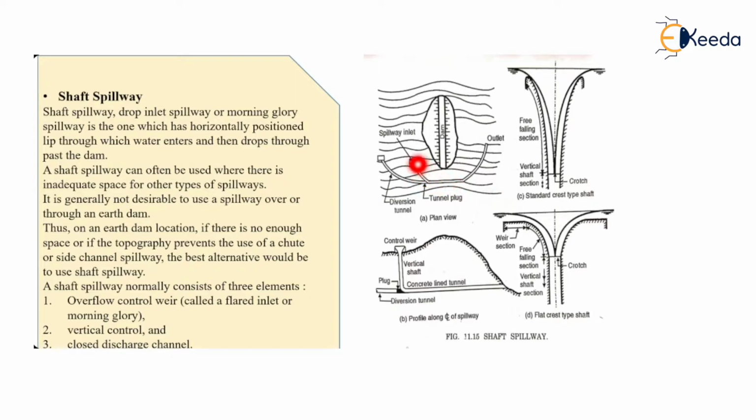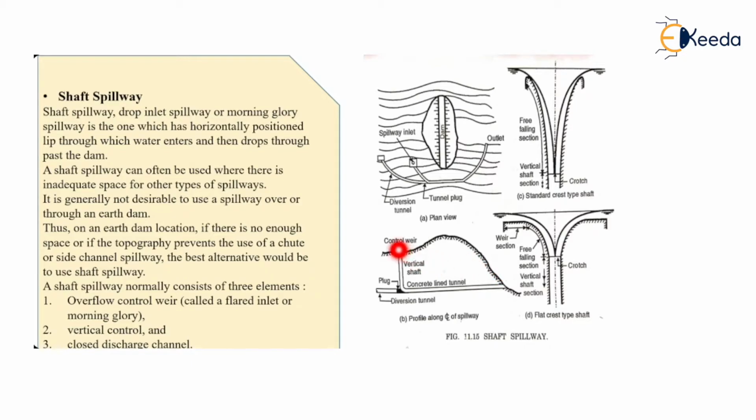The spillway crest and the spillway inlet look like this upper section, and the inlet of the spillway is a wider one, so that the maximum amount of water can be taken from this portion. It will be passed through this vertical shaft, and this vertical shaft is connected with the concrete lined tunnel.